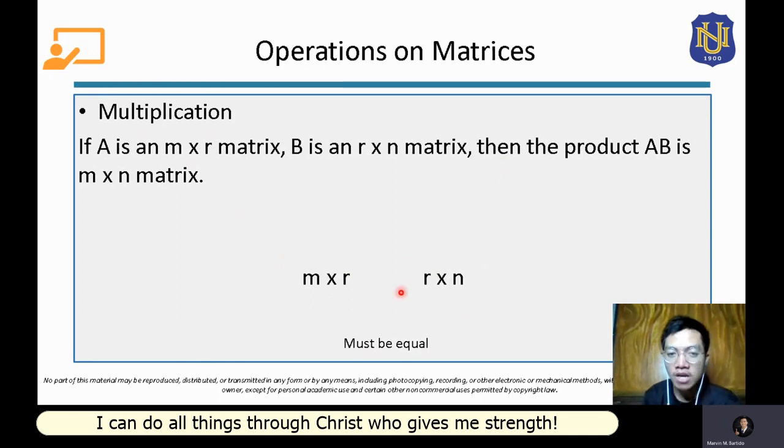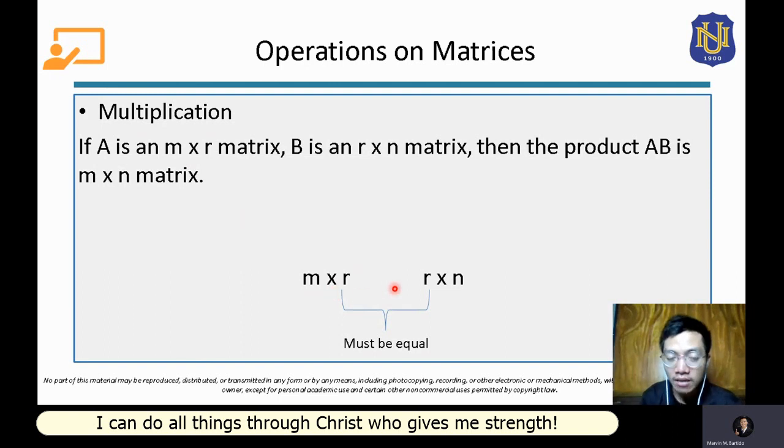Our rule here is that the number of columns of your first matrix should be equal to the number of rows of your second matrix. They should be equal for us to be able to multiply them. If they are not equal, then they cannot be multiplied.